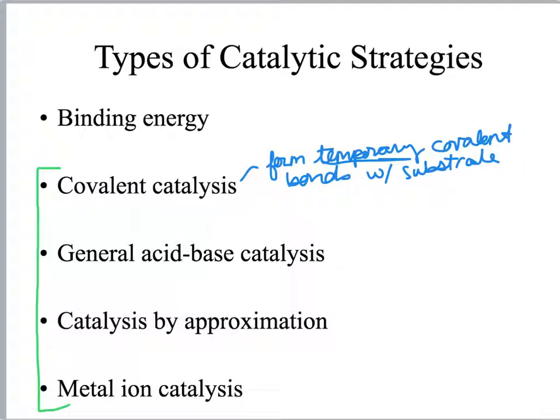With acid-base catalysis, active sites may contain residues like histidine, and the residues can participate in hydrogen ion transfer. And we know that proton transfer is what's involved in acid-base reactions.